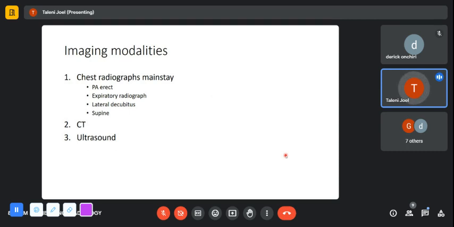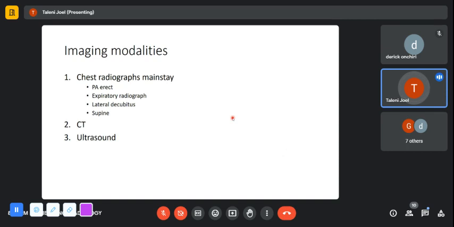How can we diagnose it? Chest X-rays are the mainstay, and usually a PA erect is the ideal to detect it. If your patient cannot stand erect, then an expiratory radiograph is also useful.